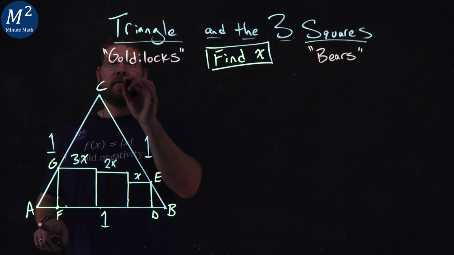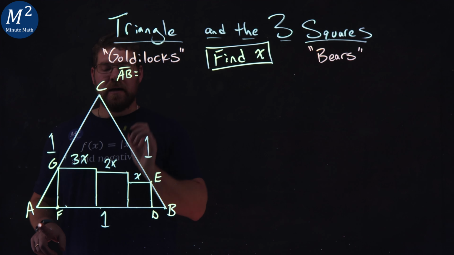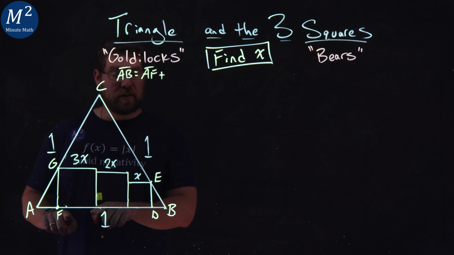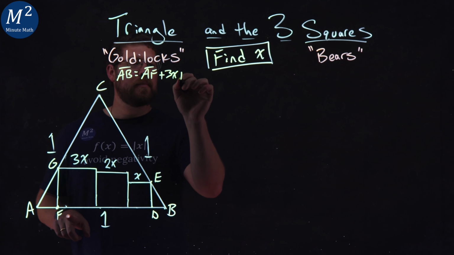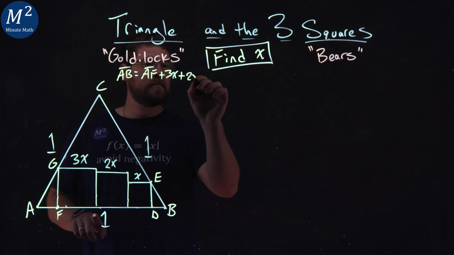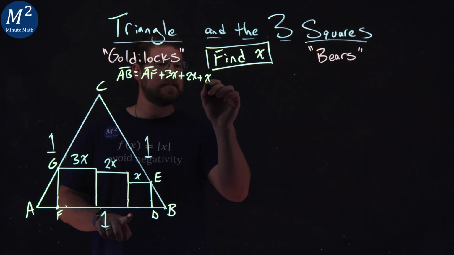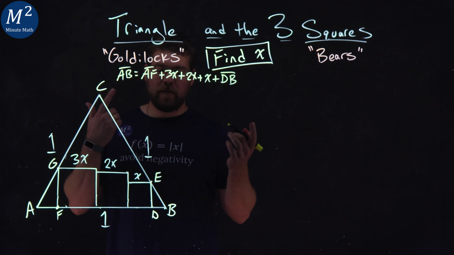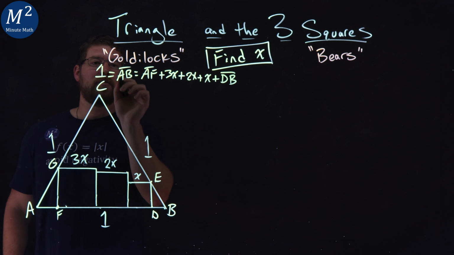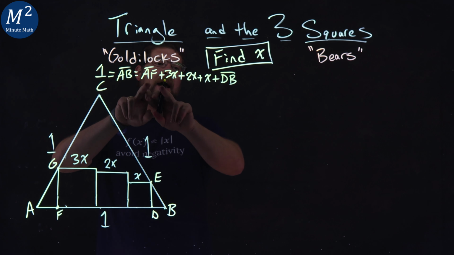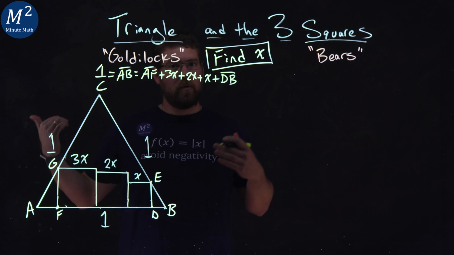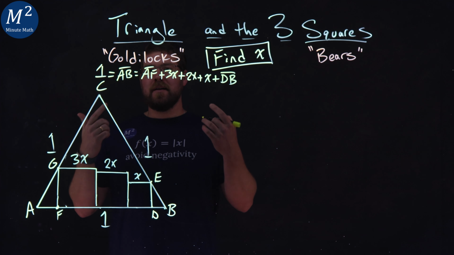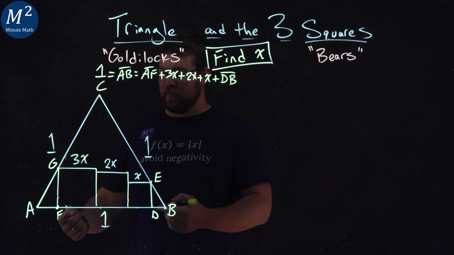Our length AB, the bottom here, is equal to AF plus this length, since it's a square, 3x, plus this length is 2x, plus this length is 1x, plus DB. If we can figure that out, because the whole thing is equal to good old 1. So if we can figure out what AF and DB are, we can set it equal to 1 and solve for x. So that's our goal here, trying to determine what AF and DB are.